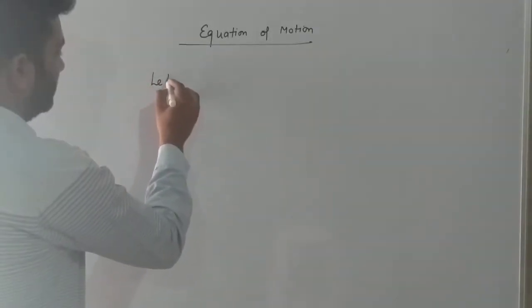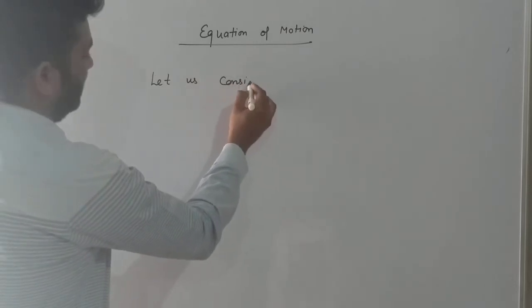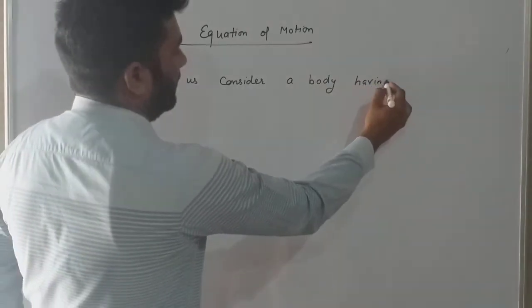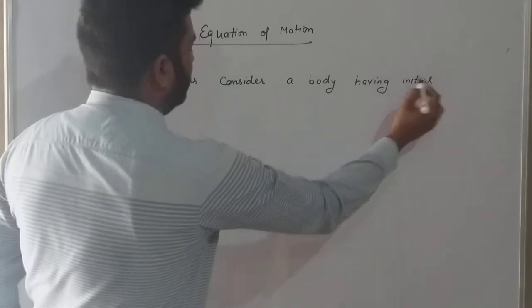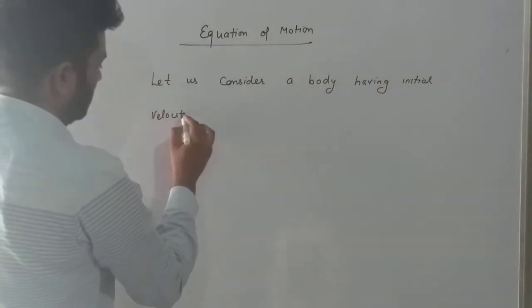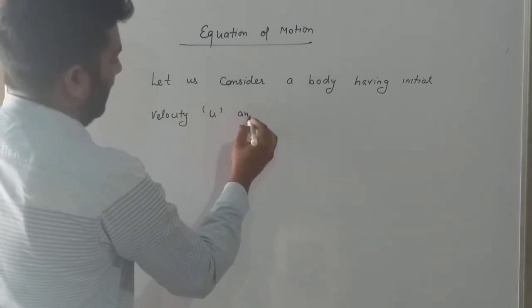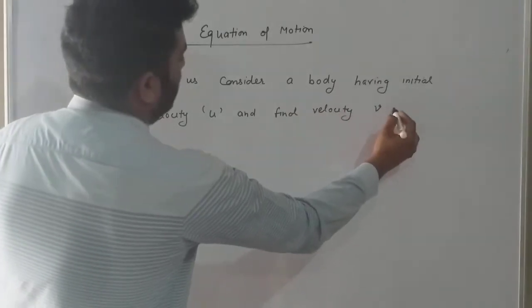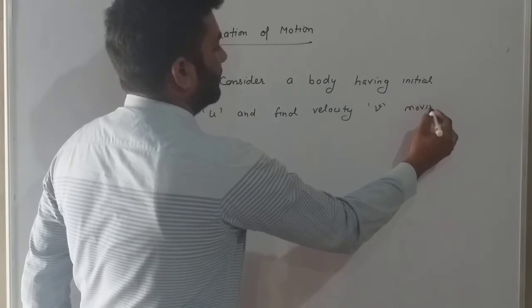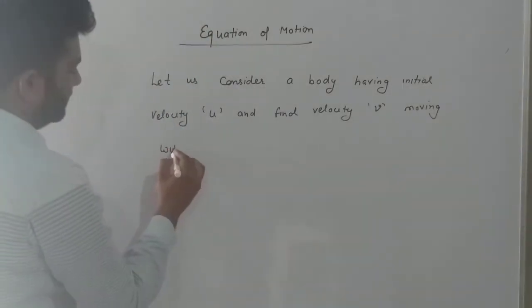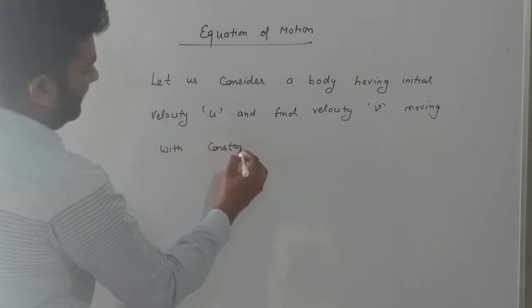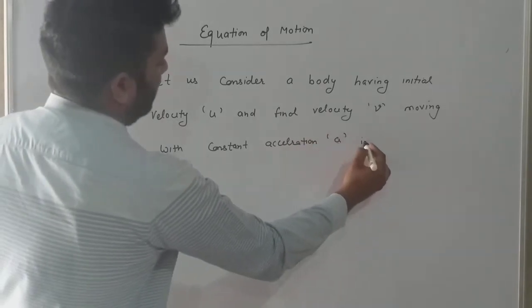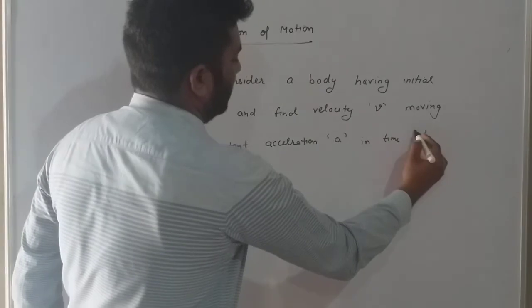Let us consider a body having initial velocity u and final velocity v, moving with constant acceleration a in time t.